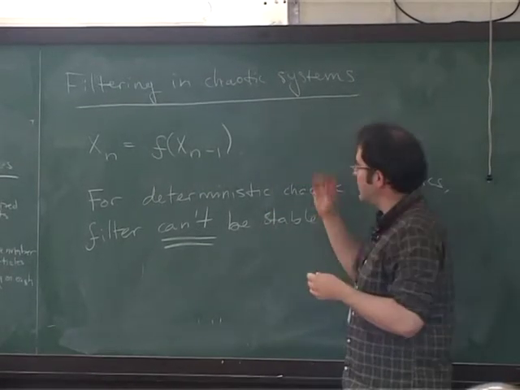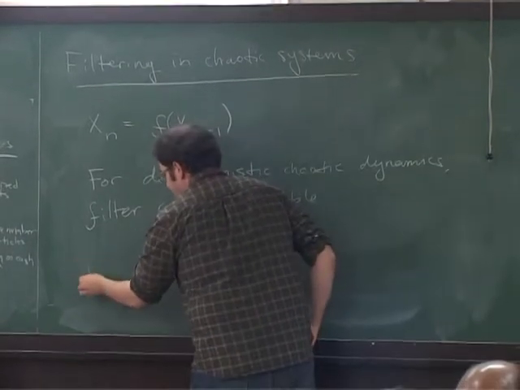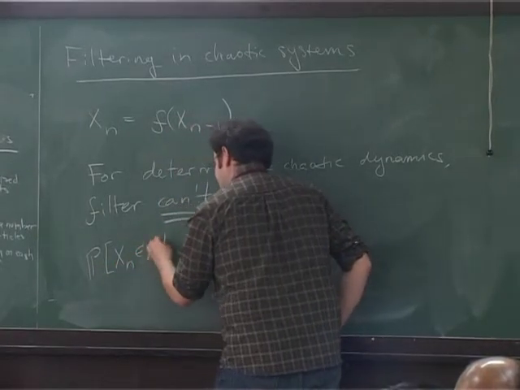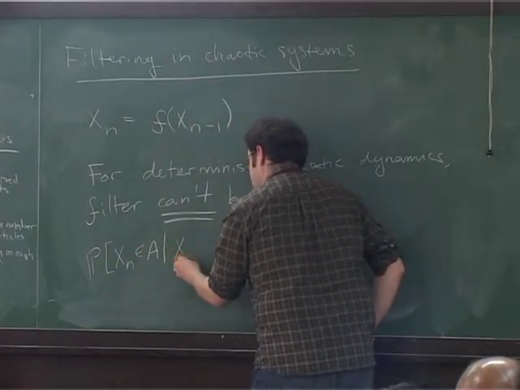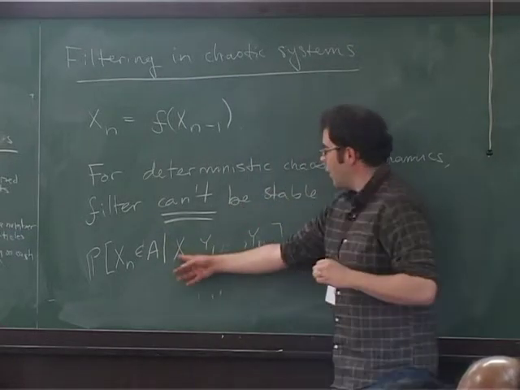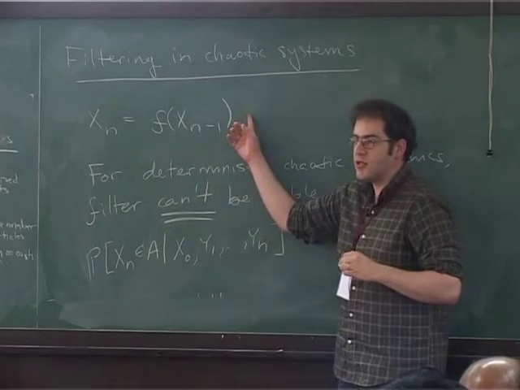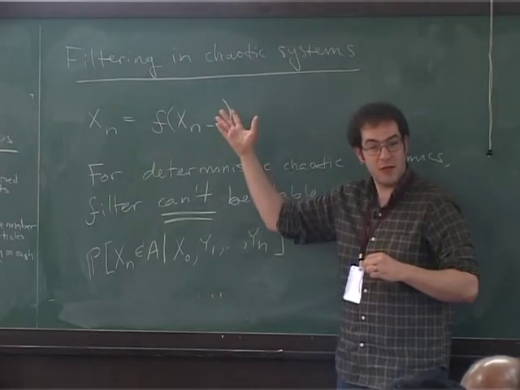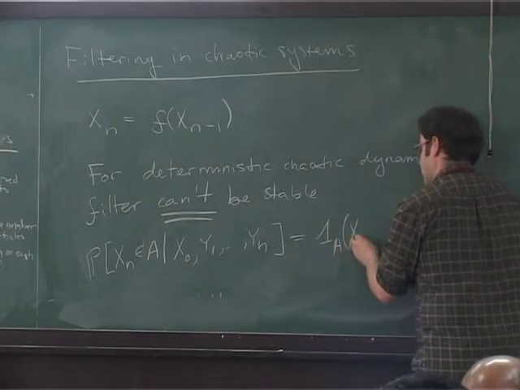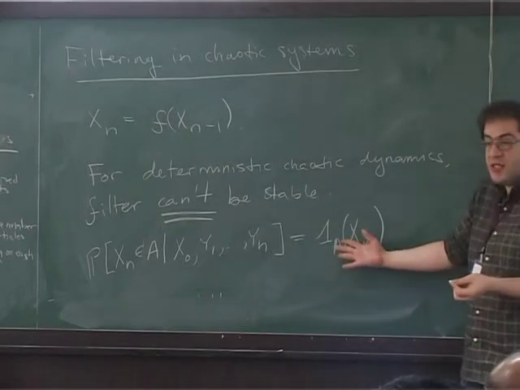And the reason is very easy to see, because if I look at the law of xn given x0 and y1 to yn, right? If I know x0 and there is no noise, then I always know my x. If it's deterministic, there's no noise.